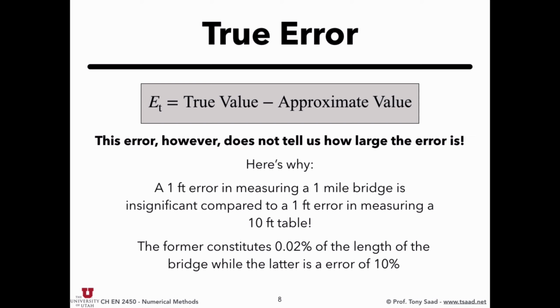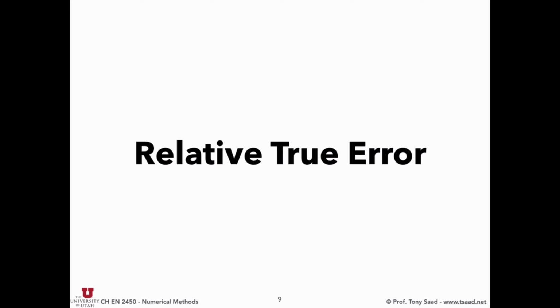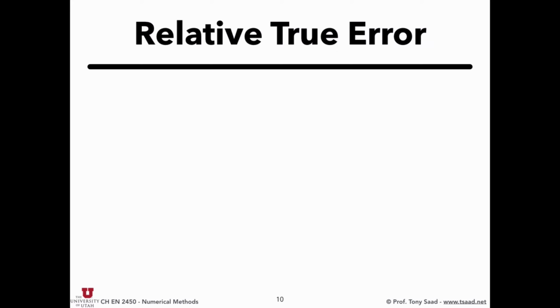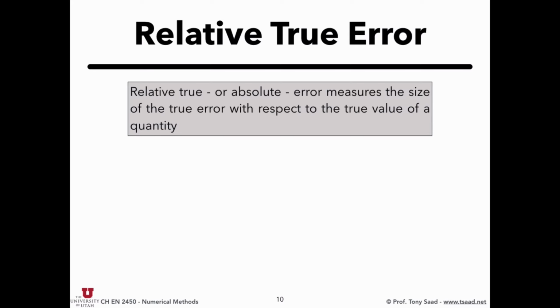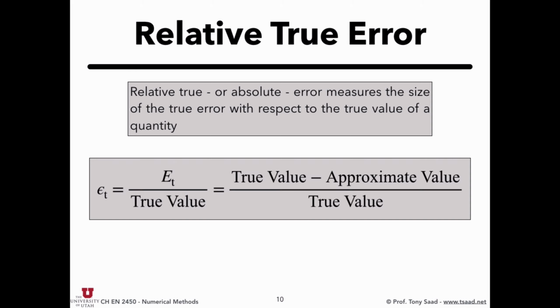So all we need to do is take the true error and divide it by the true value. And that gives us what we call the relative true error. And the relative true error, or the relative absolute error, is essentially a measurement of the size of the true error with respect to the true value of a quantity. And that's defined as the true error over the true value. Okay?